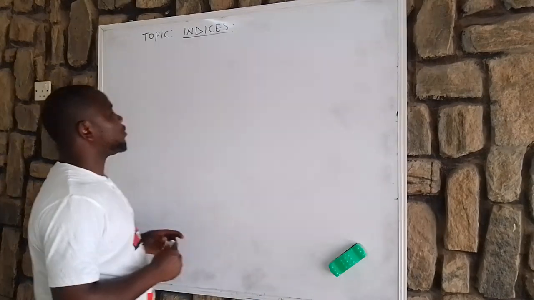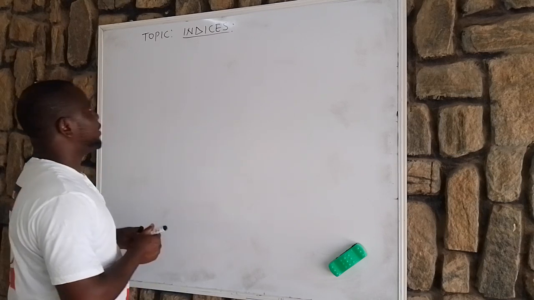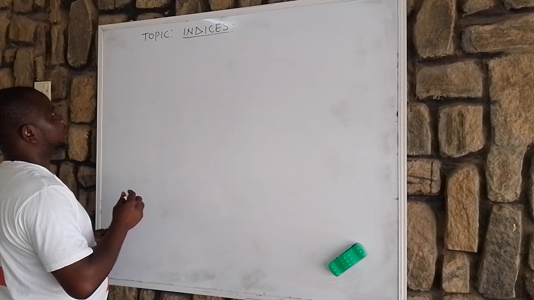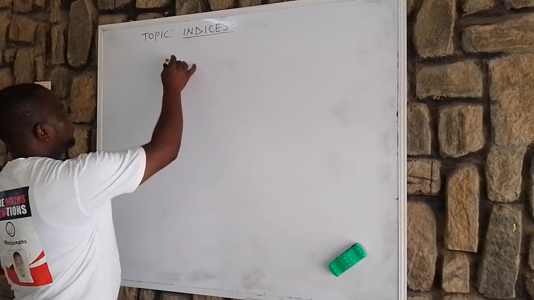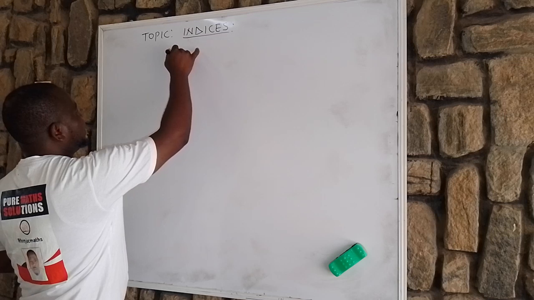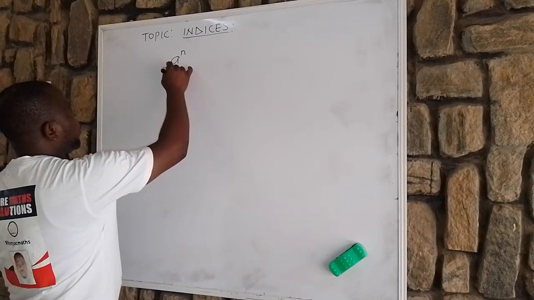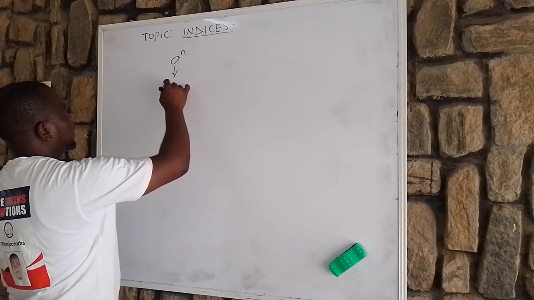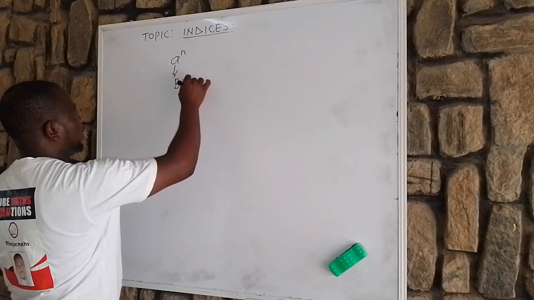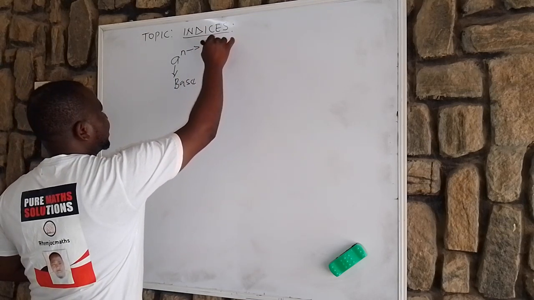In indices, when we say indices, let us have a base a and let us have a power or index n. We call this the base, and we call this the index.